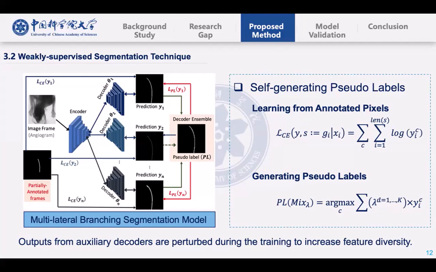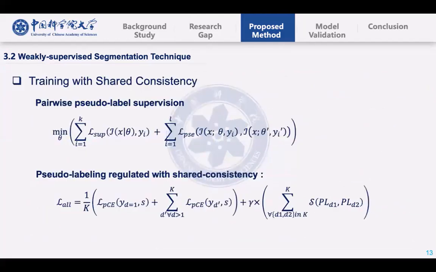For the main decoder, we train with a fully supervised method using cross entropy, and then we use that to generate pseudo labels that are used to train the auxiliary decoders. So this involves a pairwise training strategy with shared consistency. In the first stage, we have to minimize the function given on the slide.